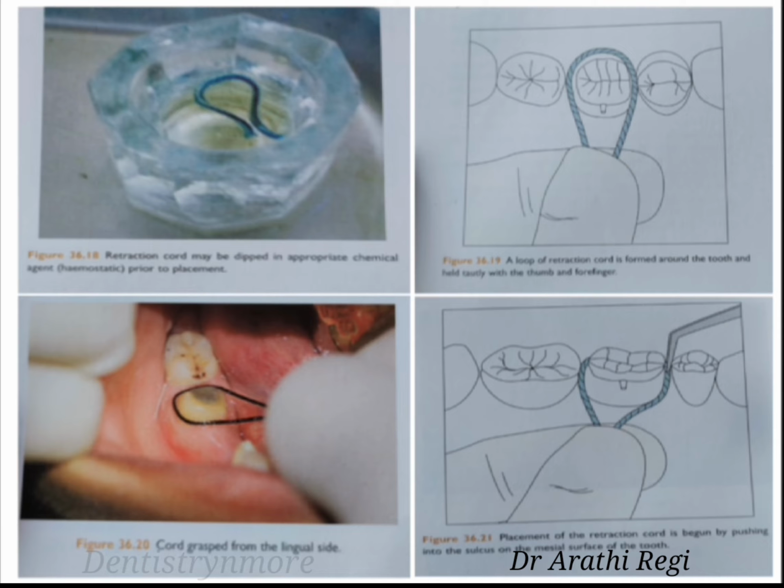And this figure shows the single cord technique. First, the cord is impregnated in the chemical solution. After that, using the thumb and forefinger, it is grasped from the lingual surface, the cut ends, and apical force is given, and the proximal areas and also the lingual areas are tightened.